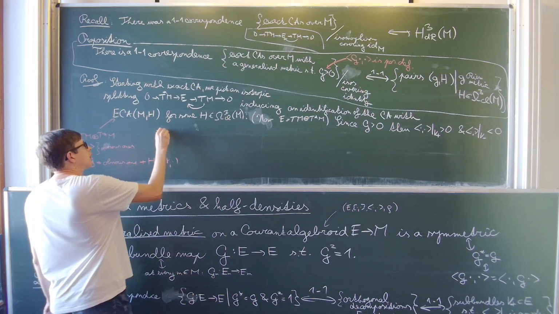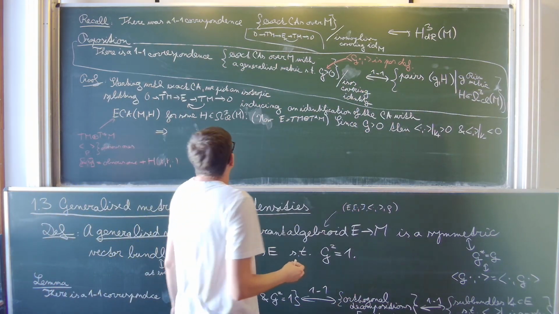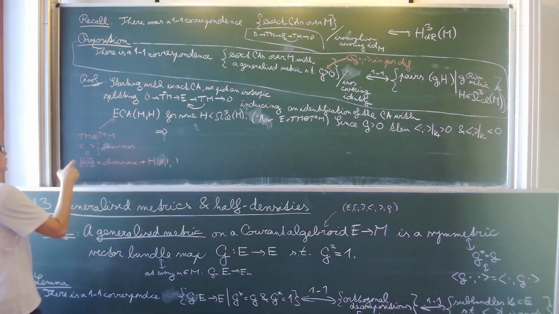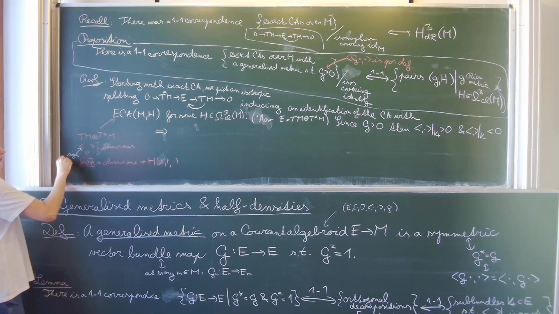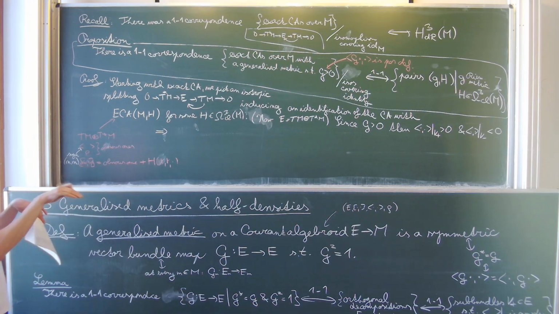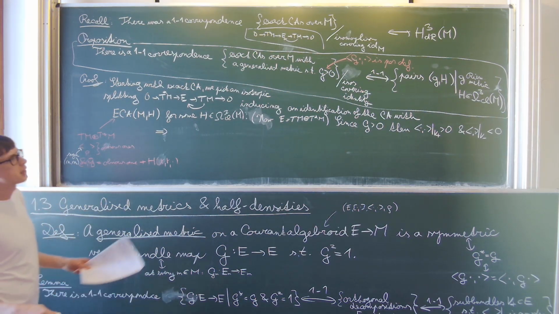But what this implies in particular is that, because what was the signature here? This thing had signature n, n. So there were n positive eigenvalues and n negative eigenvalues.